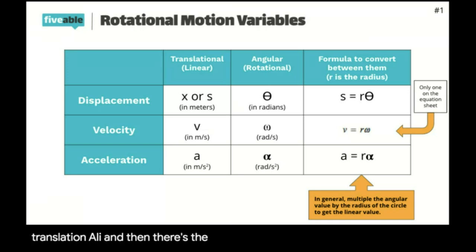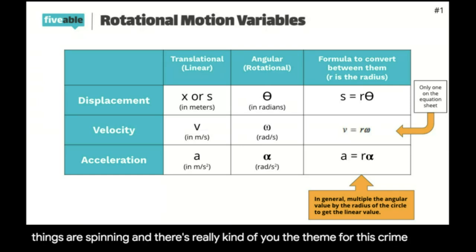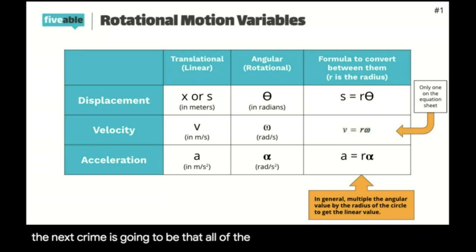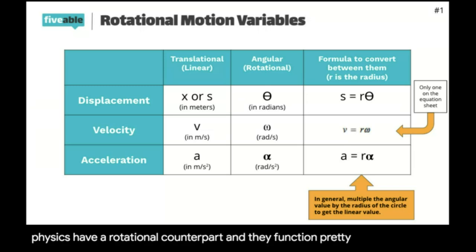And then there's angular motion or rotational motion, when things are spinning. The theme for this cram and the next is that all of the things we've already talked about in physics have a rotational counterpart, and they function pretty much the same way.